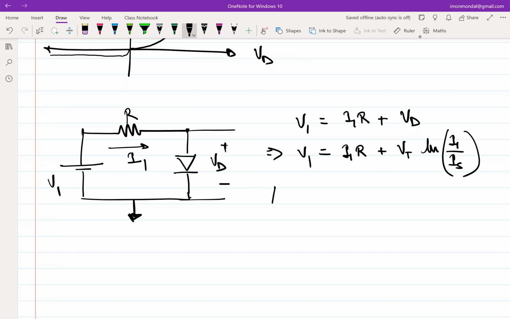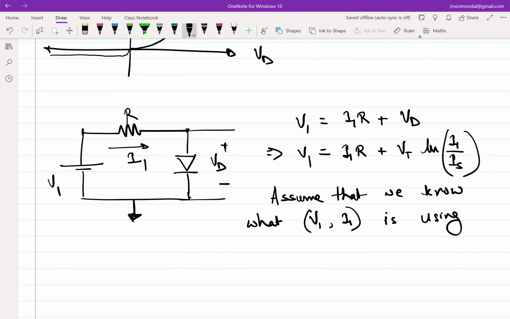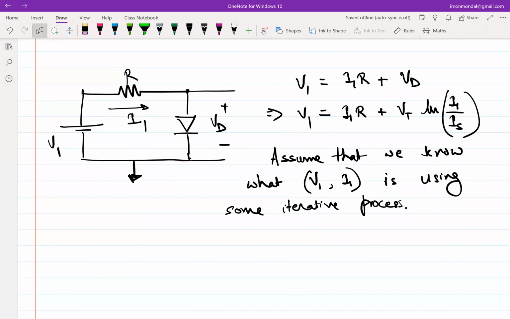Assume that we know what V1, I1 is using some iterative process.